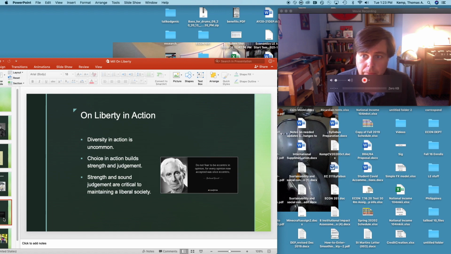Moreover, Mill makes the argument that liberty in action, and particularly the choice to do the irregular, builds both strength and judgment. The person who takes the path known by others, the person who always chooses in areas where results are known, does not add to social problem solving.